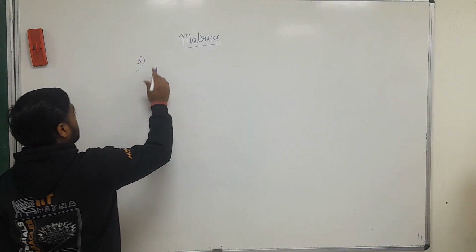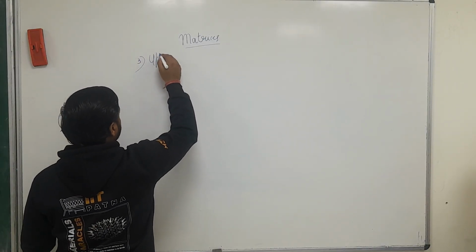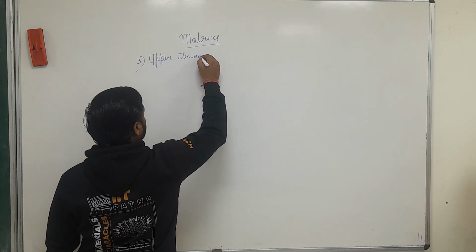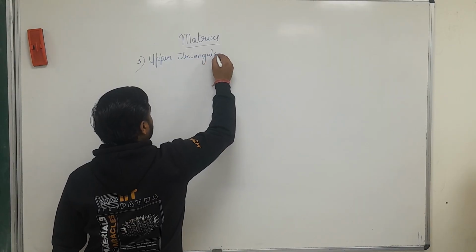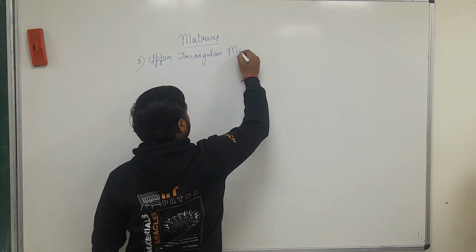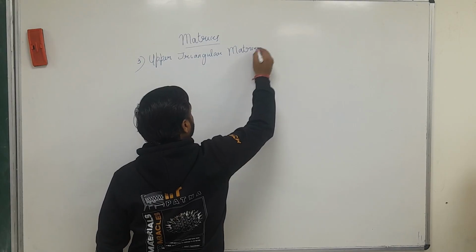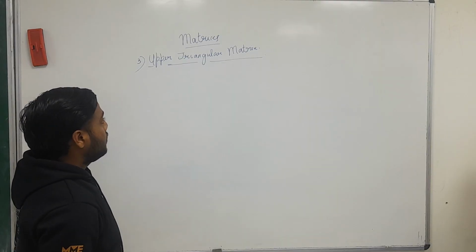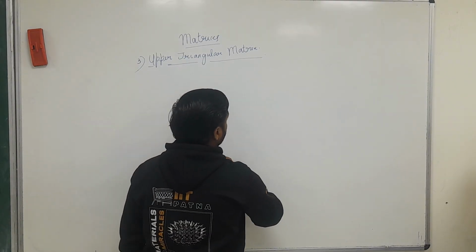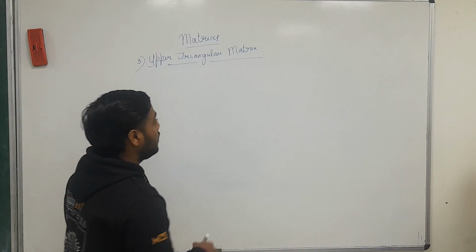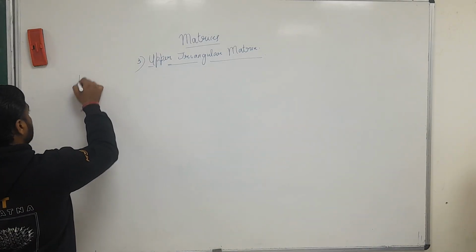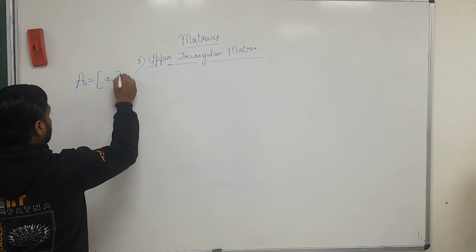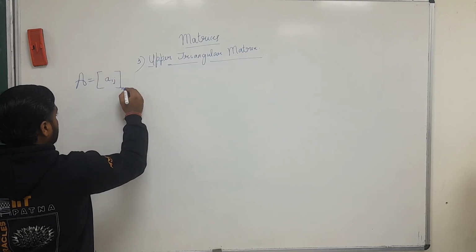The third matrix is the upper triangular matrix. In the upper triangular matrix, as in the previous part, we let matrix A be aij.